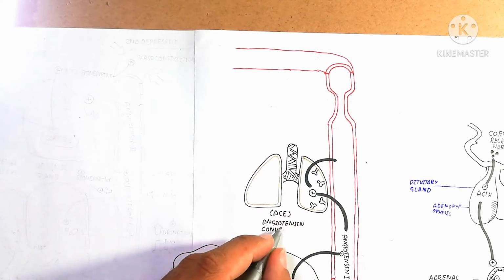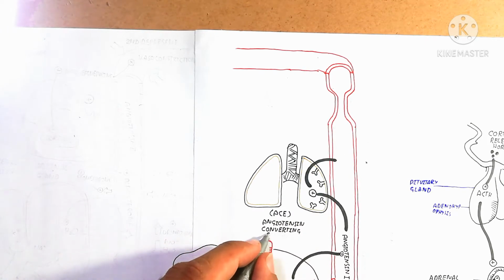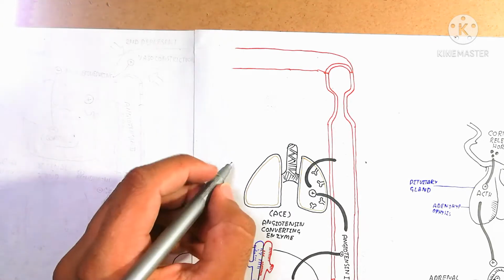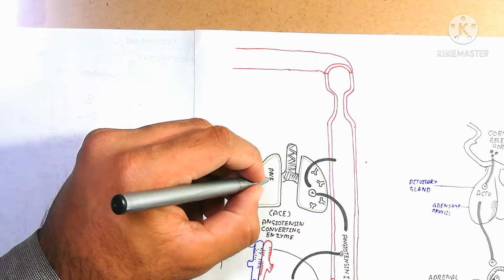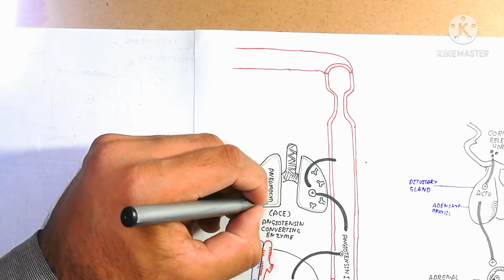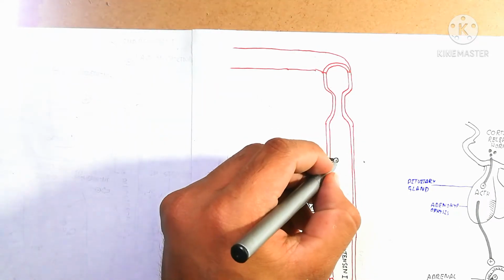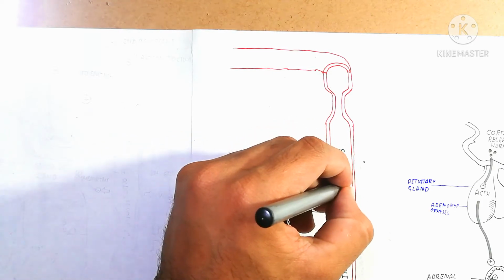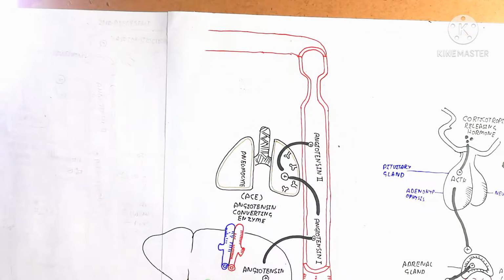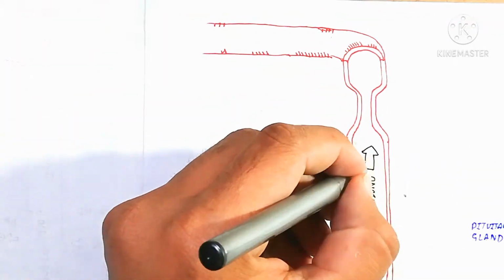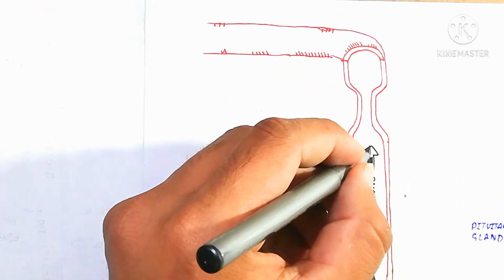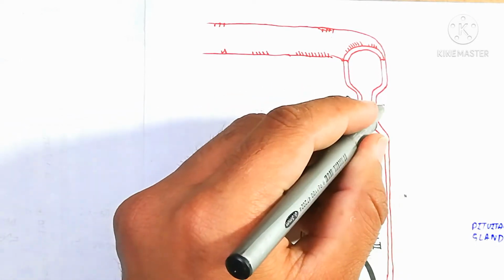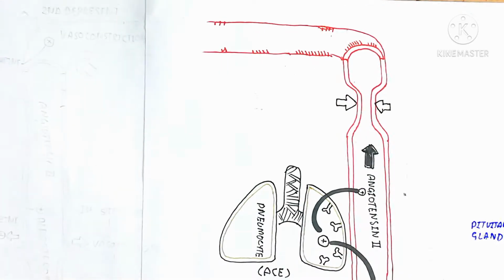So the epithelial cell of the lung contains a receptor which contains angiotensin converting enzyme. So this angiotensin converting enzyme will convert the angiotensin 1 into angiotensin 2. So this angiotensin 2 allows vasoconstriction in the presence of noradrenaline. So the noradrenaline is used for it.